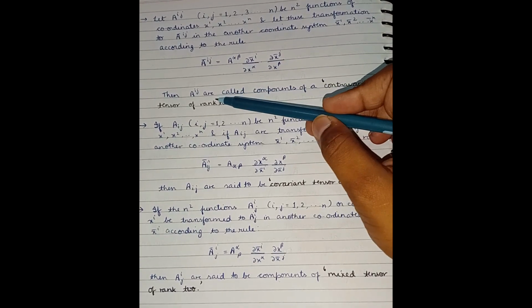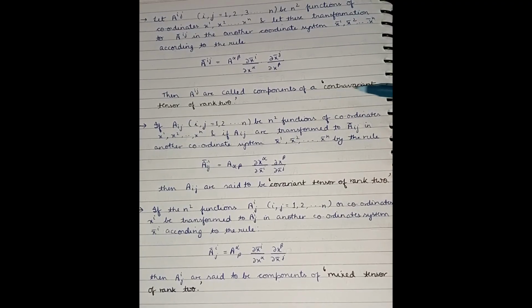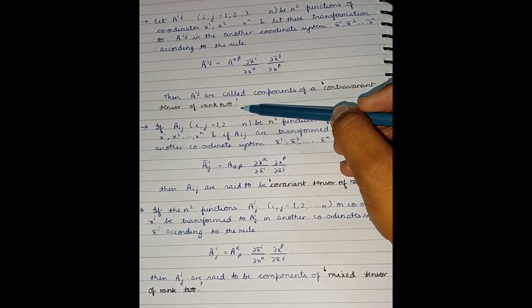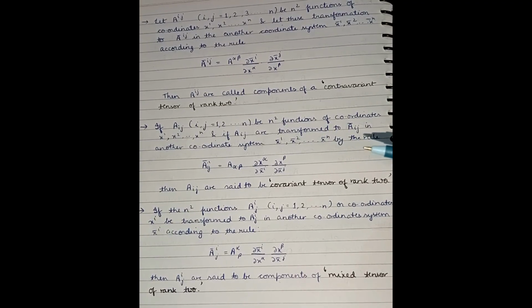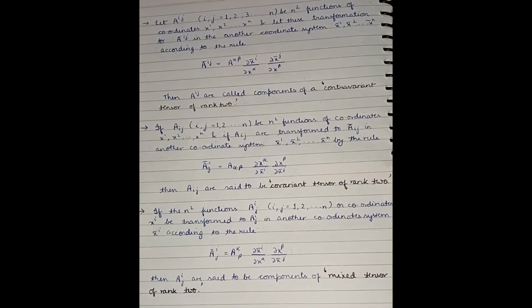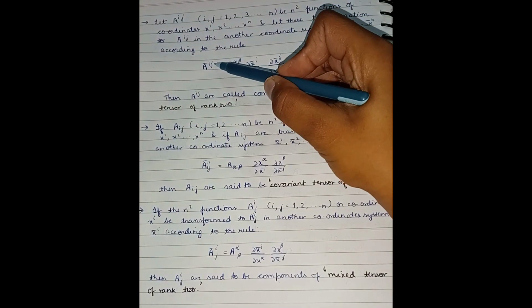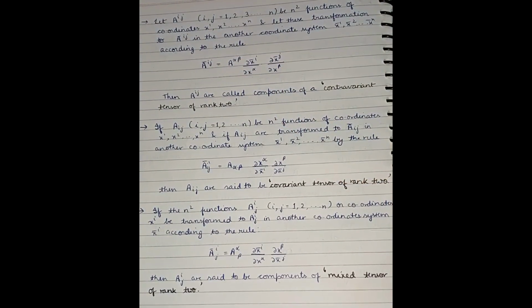Then A^{ij} are called components of a contravariant tensor of rank 2. We know that rank is defined as the total number of indices per component. So here 2 indices are there, so rank will be 2.